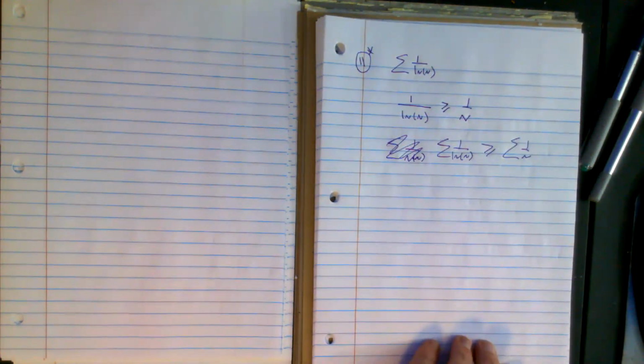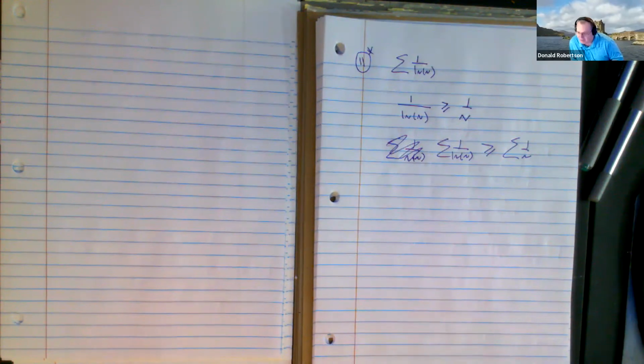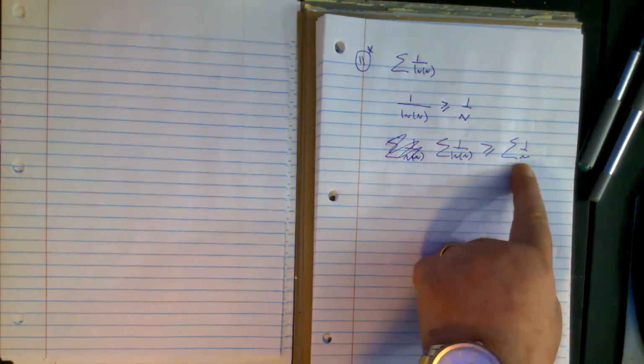It's a harmonic series. Right, a special case of the P series, the harmonic series. Isn't P equals 1, so it diverges? You agree? P equals 1, diverges, harmonic series. So that guy is less than or equal to 1, so it diverges.